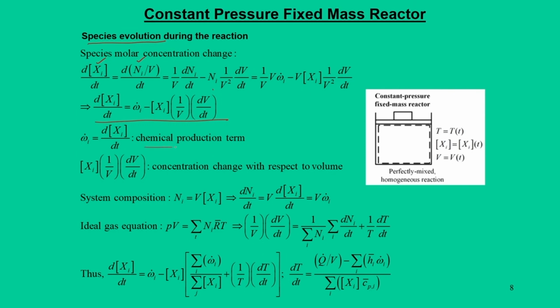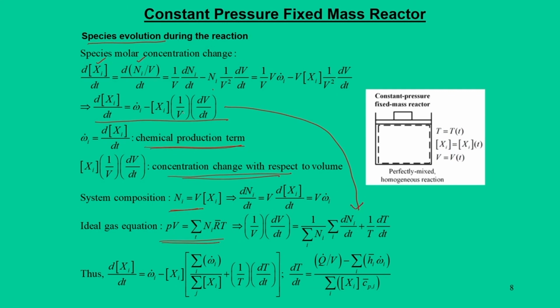One is the rate at which it is formed, and the other is due to the concentration change with respect to volume. Then further we can write this system equations for Ni, and we can also use ideal gas expressions too, and when you do that we can rewrite this particular equation in this manner.